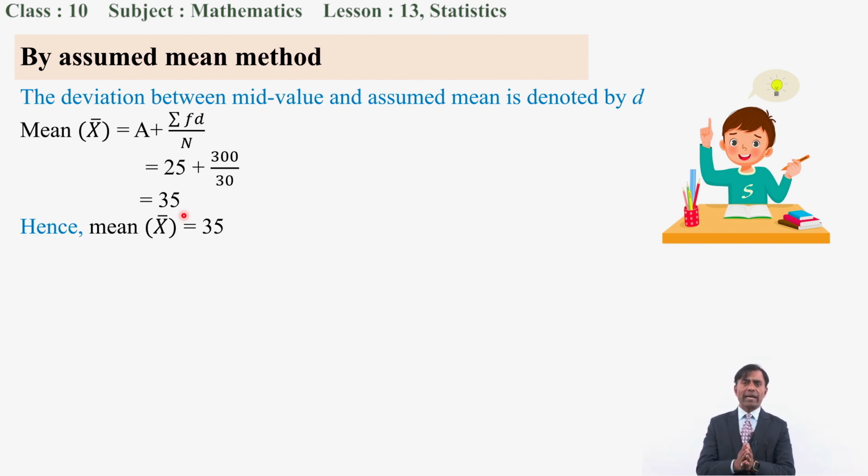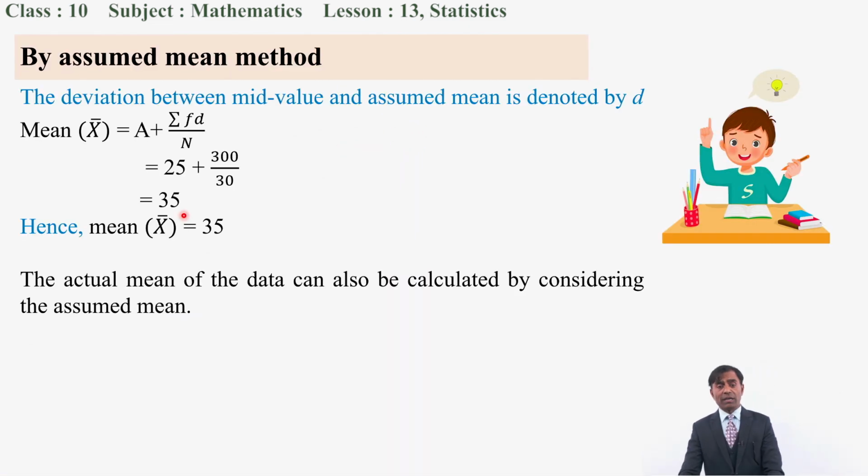So mean we can find by the direct method as well as by the indirect method. Also we can find it by one more method, which you may see somewhere: the step deviation method can also be applied, but we have not discussed that part, right? Okay, after this, the actual mean of the data can also be calculated by considering an assumed mean.